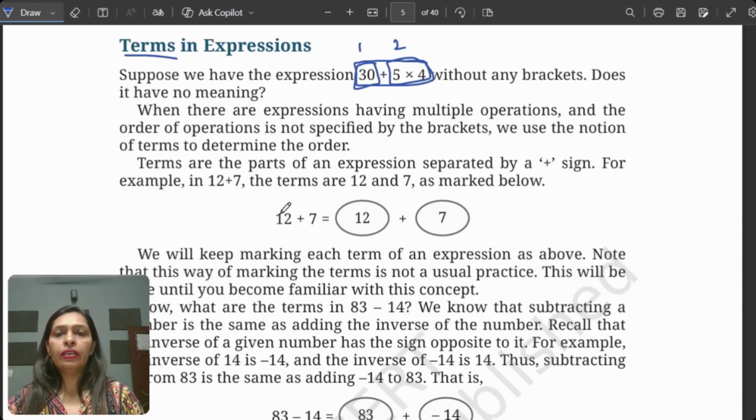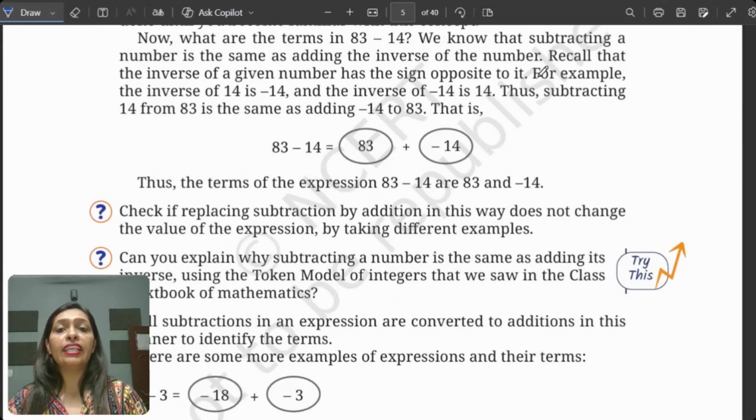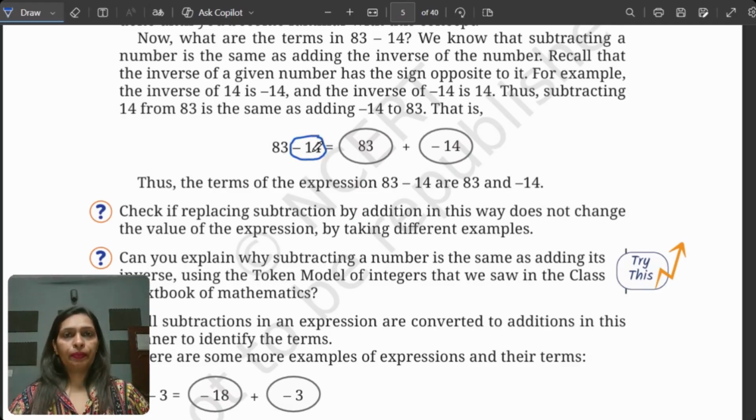Okay, so here it's 12 plus 7. So what are the terms? 12 and 7. Let's suppose in the next one it is 83 minus 14. So what would be the terms? Again, this point is very, very important. I want everyone to be alert here. This is now a negative sign. Okay, so what we need to do is take this negative sign with 14.